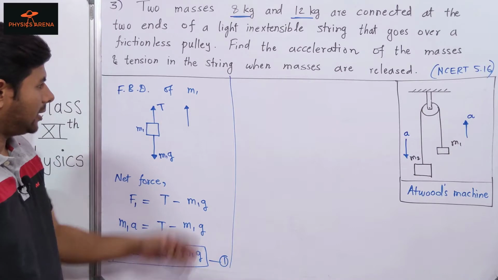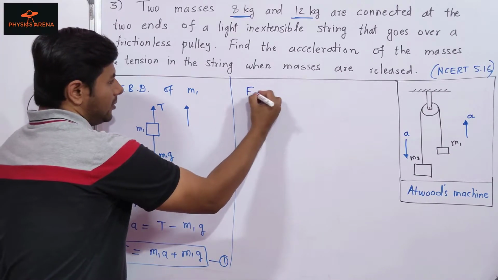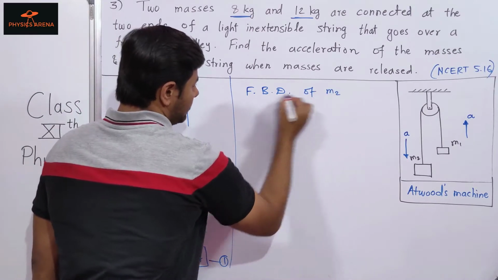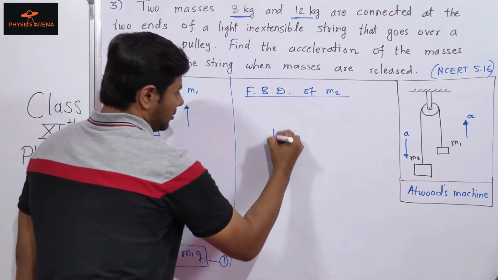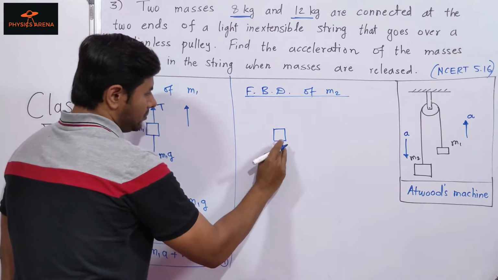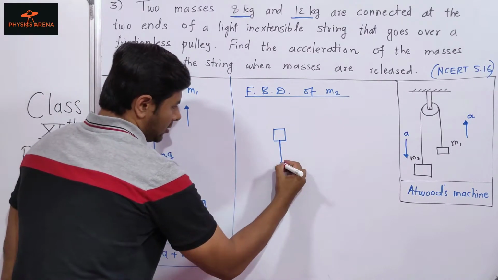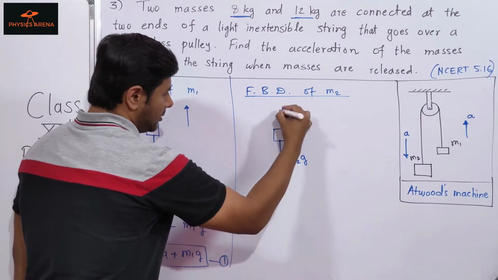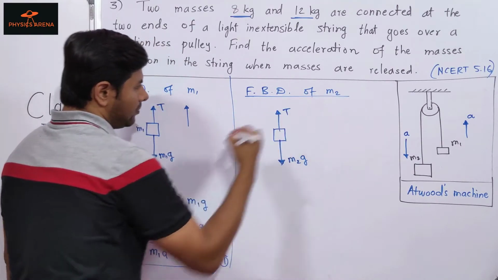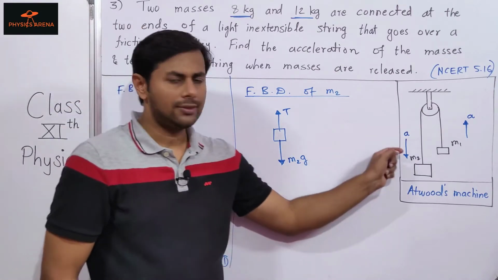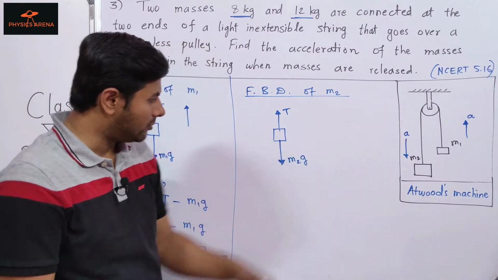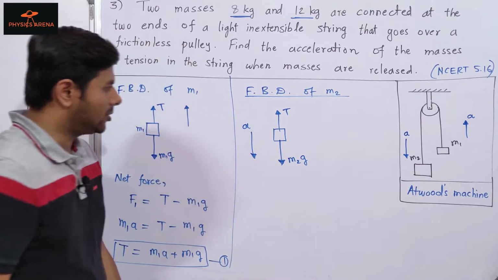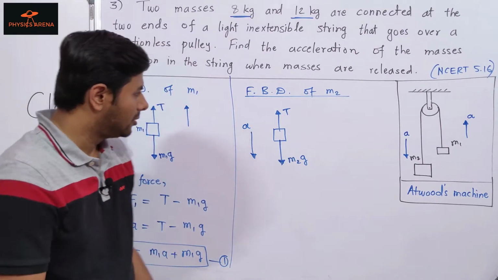Similarly, I can draw the free body diagram of mass m2. So this is m2. Weight acts downwards, which is m2 times g. Tension acts upwards, which is T. And the direction of acceleration is downwards. So net force is going to be in the downwards direction.